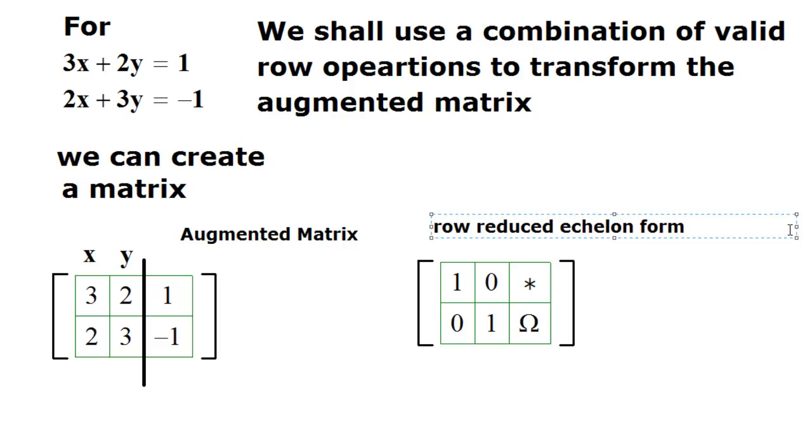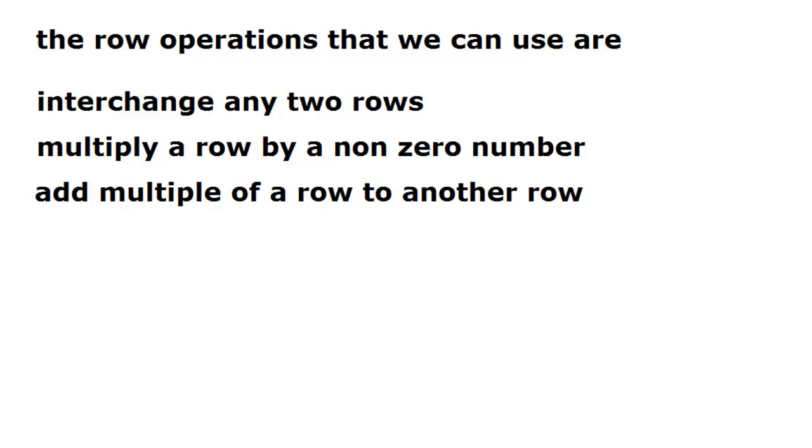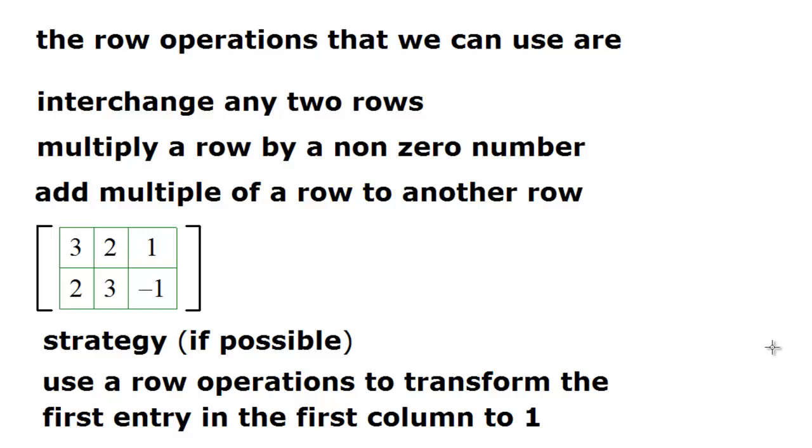And if we are successful in doing that, then this will be the value of x, and this is going to be the value of y. If we are not, we are going to discuss those situations later. Okay. Now the row operations that we can use are, we can interchange any two rows, or we can multiply a row by a non-zero number and add multiple of a row to another row, as you are going to see in the example that we are taking up.